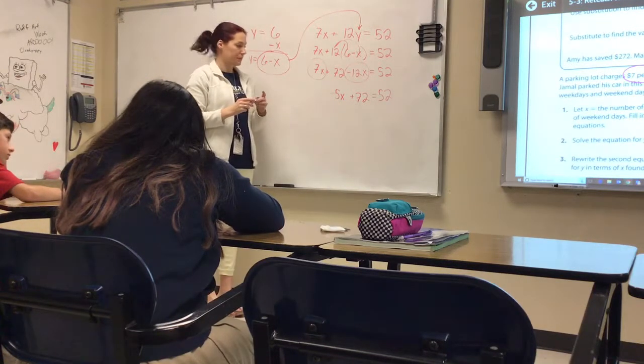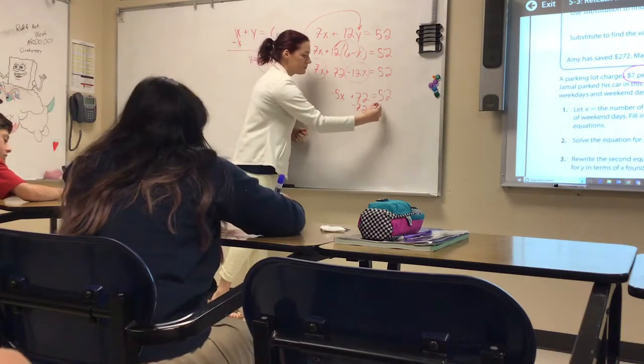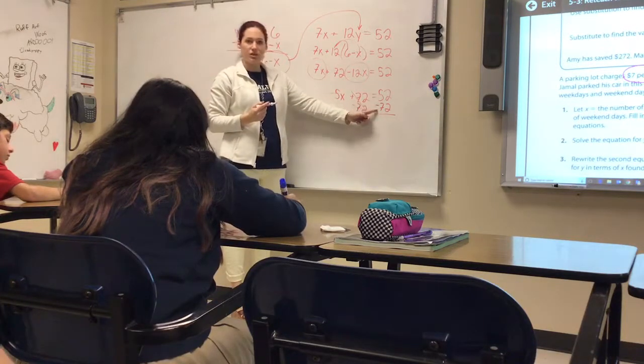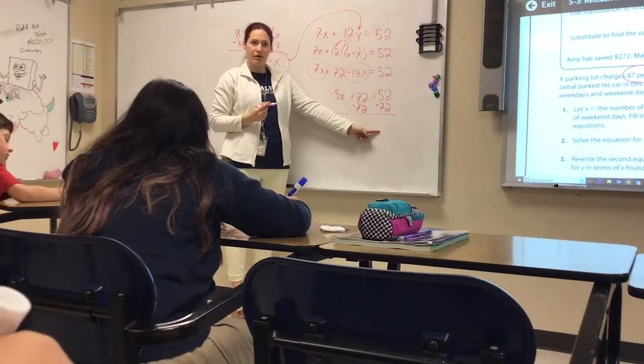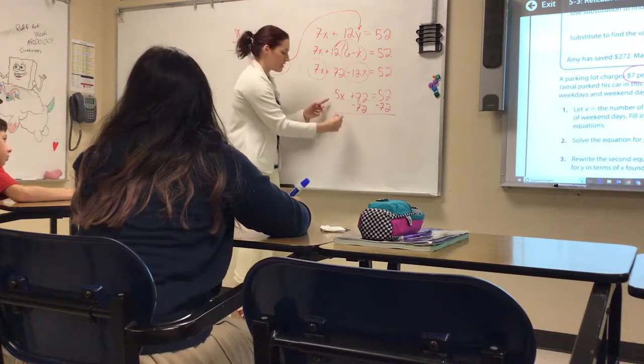What do I do after that? Subtract 72 from both sides. And is it a problem that 52 minus 72 is a negative number? No. How come not? Because there's a negative 5 over here too, so that's going to be okay.